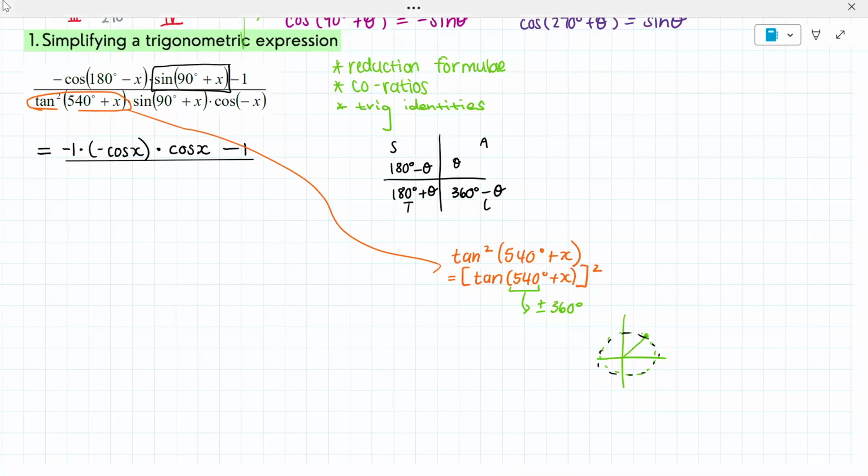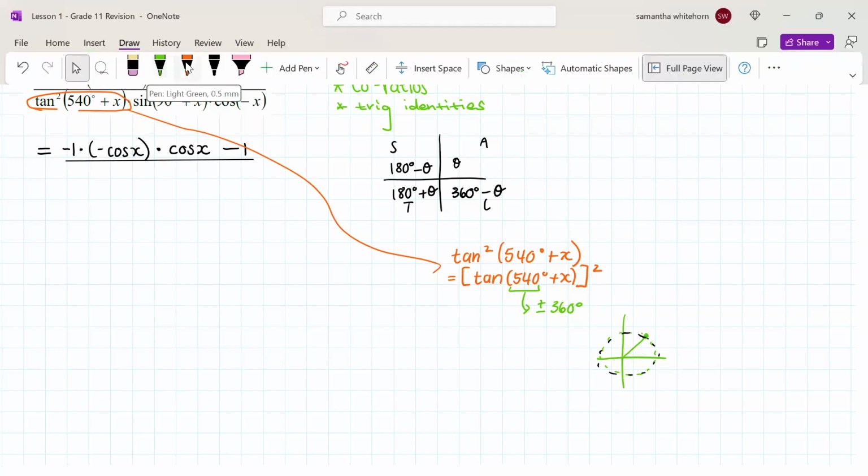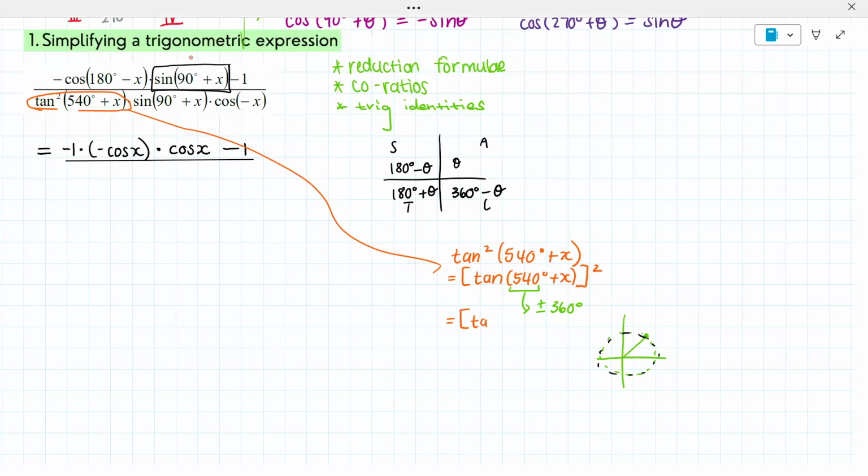So adding or subtracting 360 degrees doesn't change the value of what you're working with, and it allows you to get an angle that is in the first quadrant. So if I subtract 360 degrees from this, I get tan of 180 plus x, all being squared.